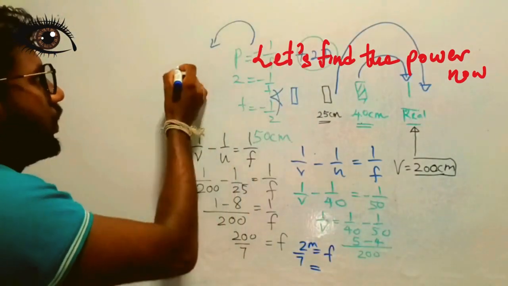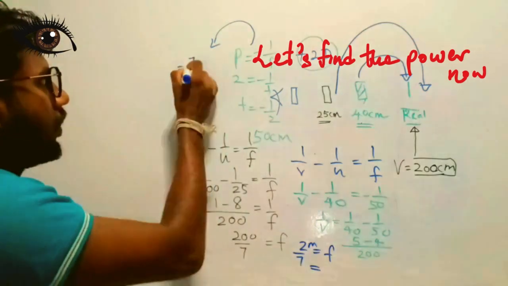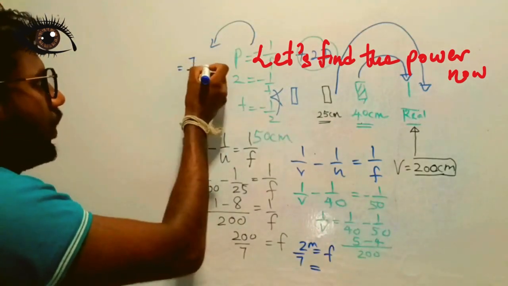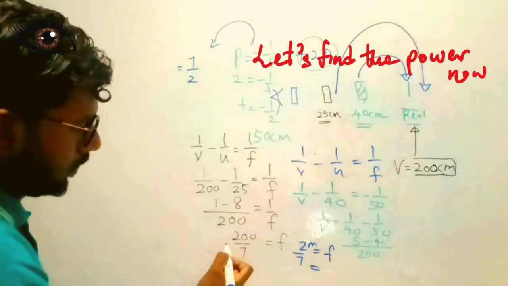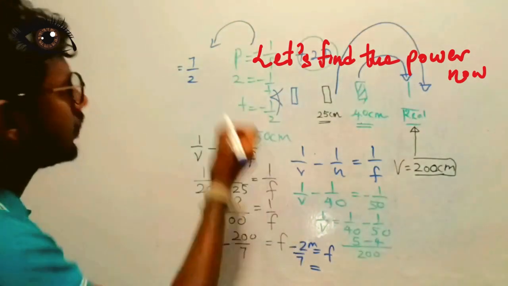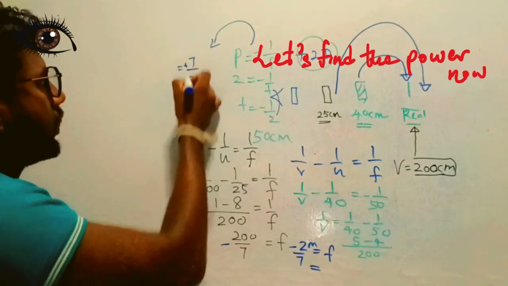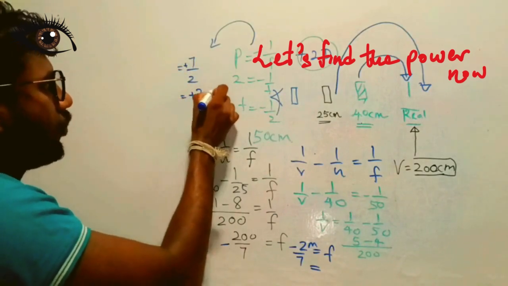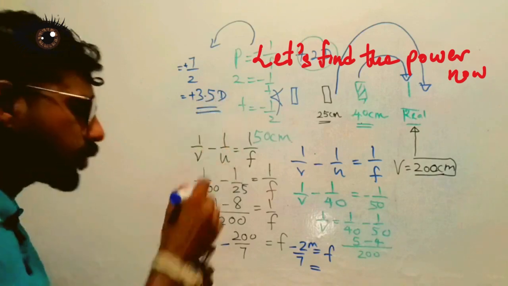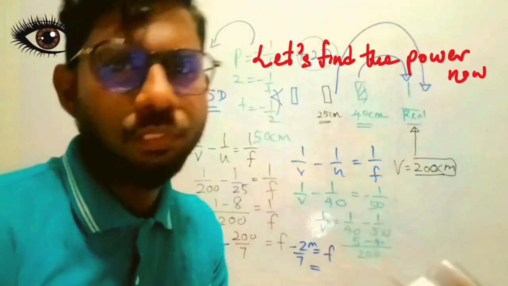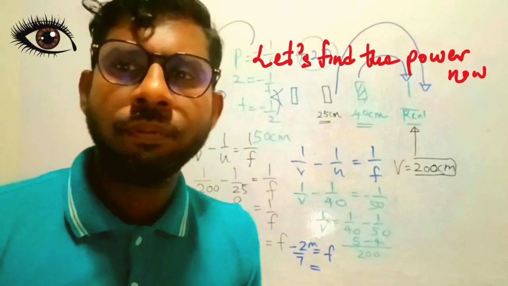Power equals 1 over f, that means 7 over 2. Here of course it's minus, so minus minus plus 3.5 diopters. Obviously a much more powerful lens is required.